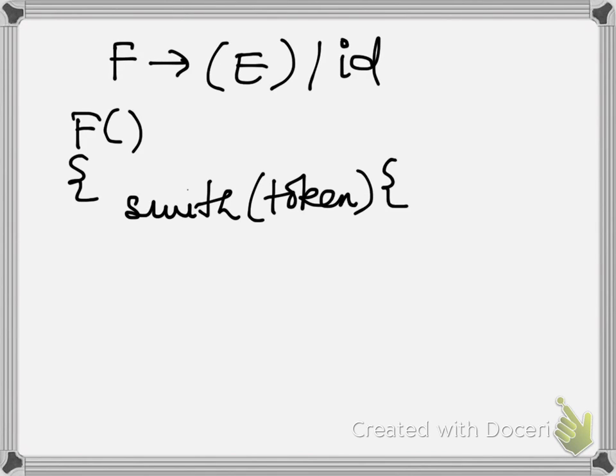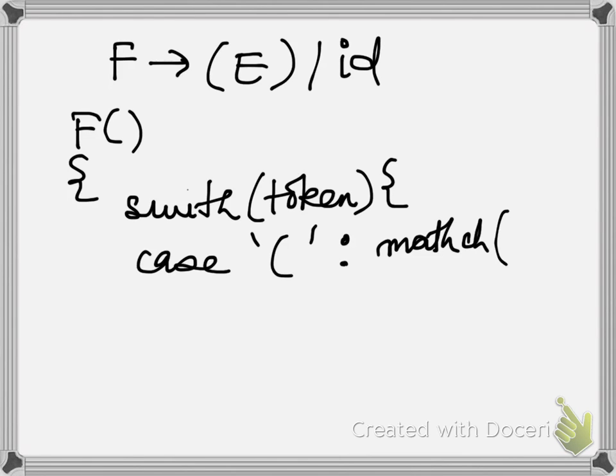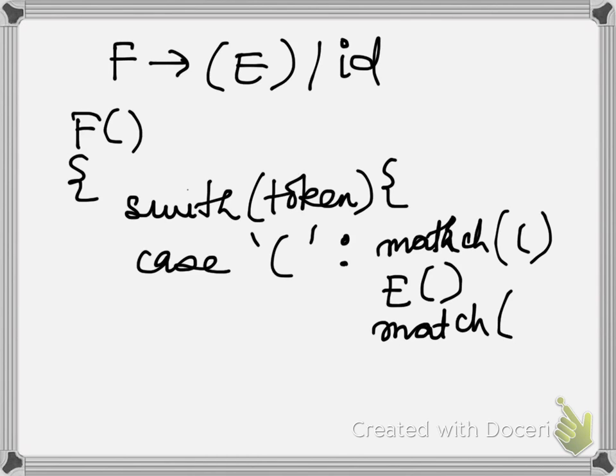If the token is an open parenthesis, then I'm going to call a method called match parenthesis, then I'm going to call E, then I'm going to call match closing parenthesis for this production.